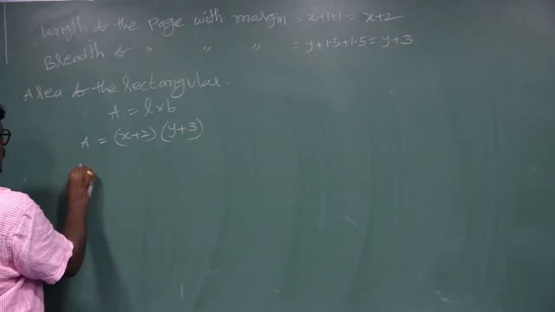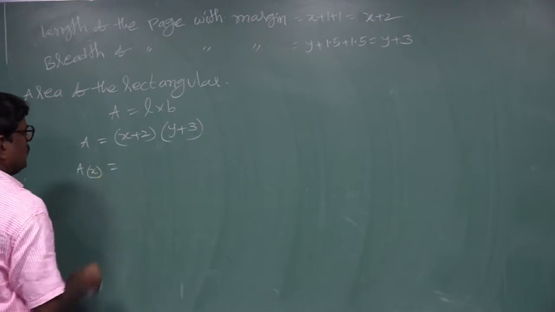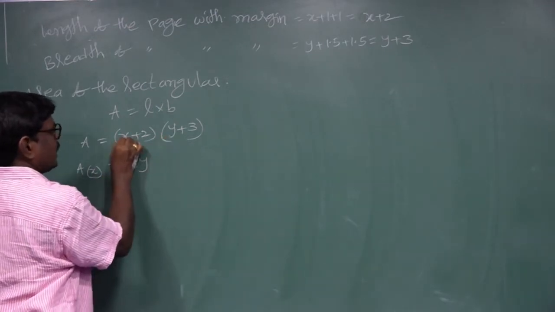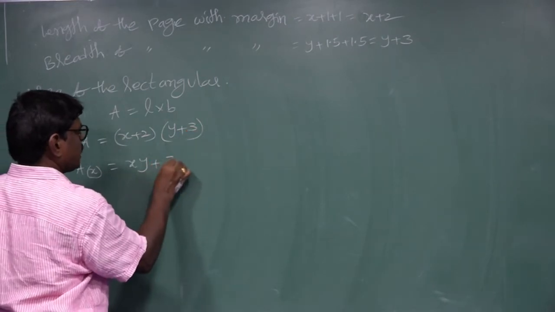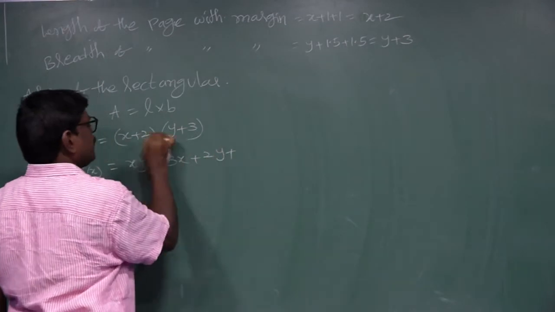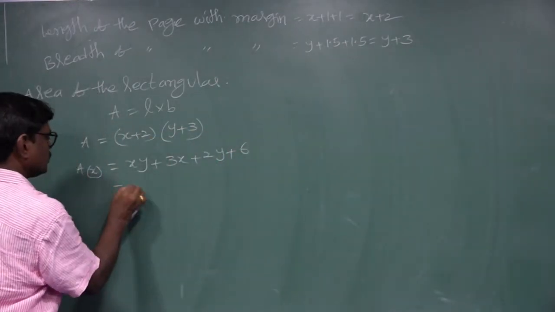Let A of x equal to x into y plus 3x plus 2 into y plus 2 into 3, which is 6.